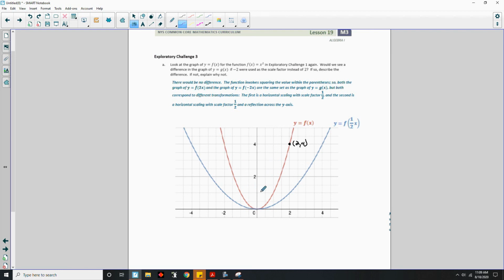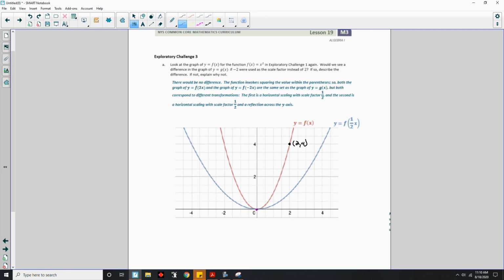So if I chose 0, 2 times 0 is 0, so that'd still be here. And then if I went over to 1, it wouldn't be up at 1, it'd be 2 times 1 now, it would be 2, and so it would grow faster.